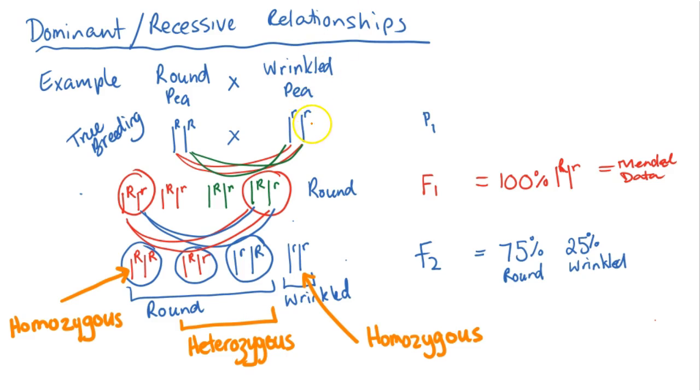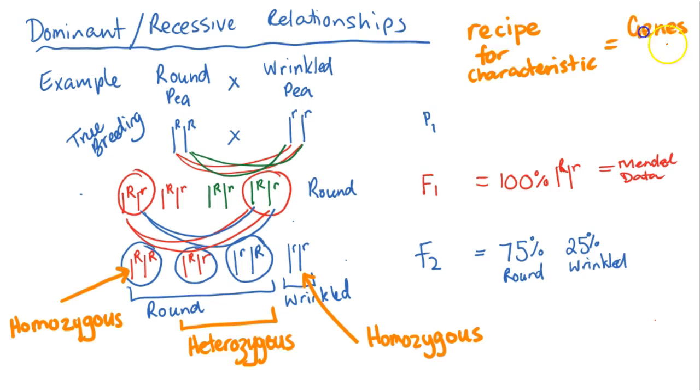Now the other thing that I will pull you into now is the names that we have for these. Now we've got here each one of these little recipes, so the wrinkled or the round, and a little bit more terminology. Each of these recipes for these characteristics that you carry, they are what we call genes. Genes are sections of your DNA that encode for a specific trait or characteristic. So you have specific sections set aside for every characteristic you have, whether it's eye color, hair color, blood type.